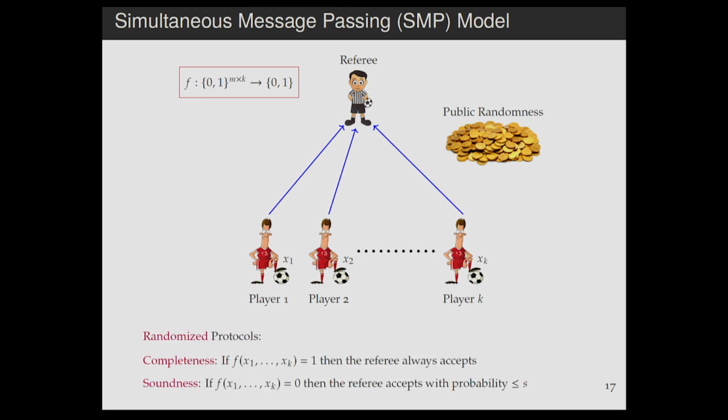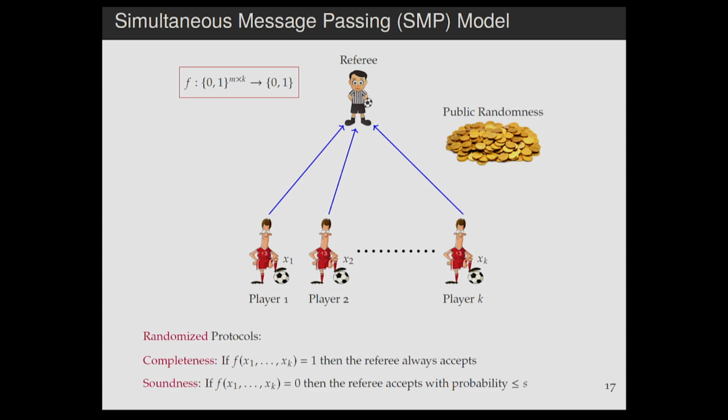First, if the function value is 1, then the referee should always accept, with probability 1. That's the completeness. For the soundness, if the function evaluates to 0, then you want to make sure that the referee accepts with probability at most s. And this s we will call the soundness of the protocol. So this is a randomized protocol.